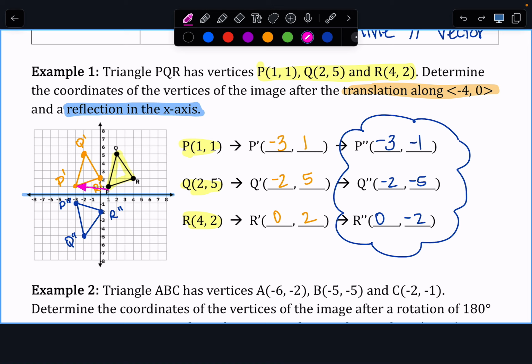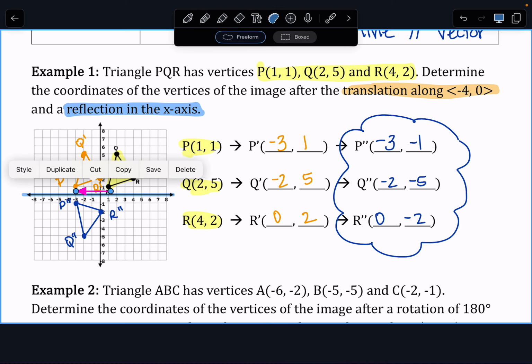Okay, there's our vector. And notice how the x-axis is parallel to that vector. Therefore, we call it a glide reflection. We glide and then reflect parallel. Okay?